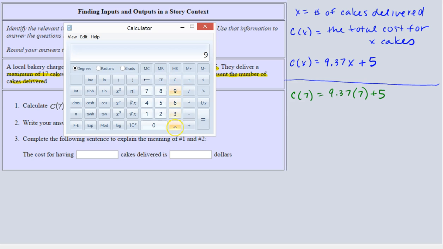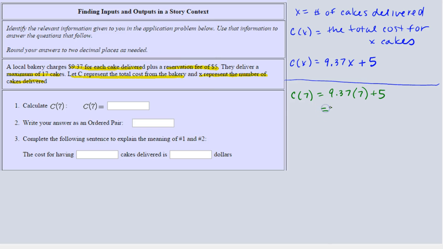So we have 9.37 times 7 cakes plus $5 reservation fee, which equals $70.59. So C of 7 equals $70.59. Excuse me, I think I said $7.59 before.